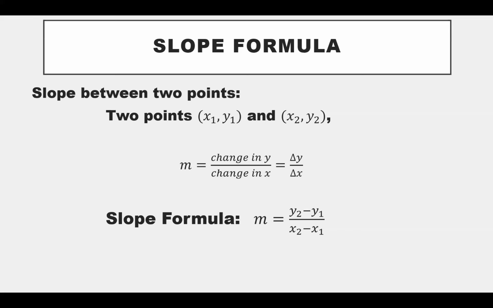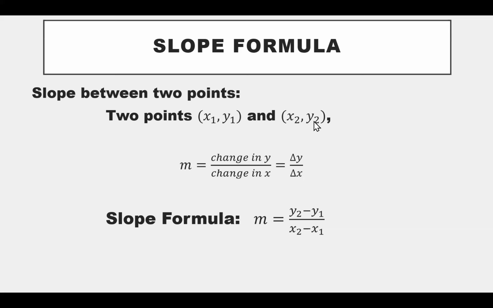Let's say I'm given points x1, y1 and x2, y2. We know slope is change in y divided by change in x. By the way, the mathematical shorthand for change in y is this delta y, and the mathematical shorthand for change in x is delta x.